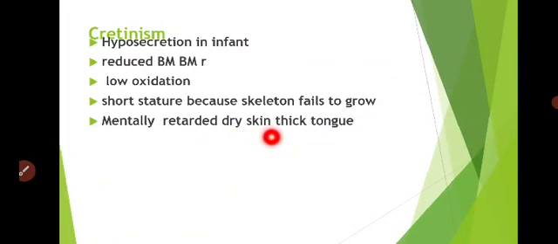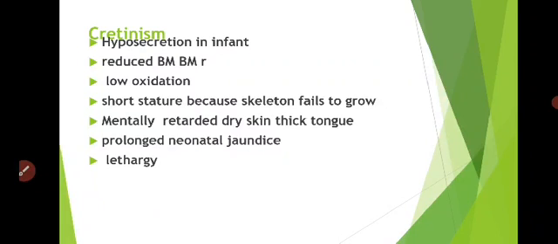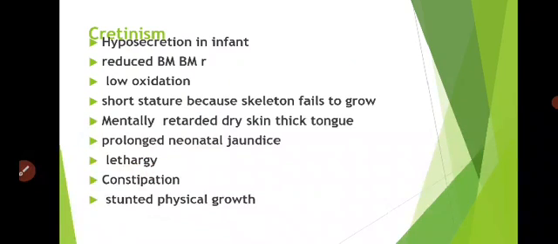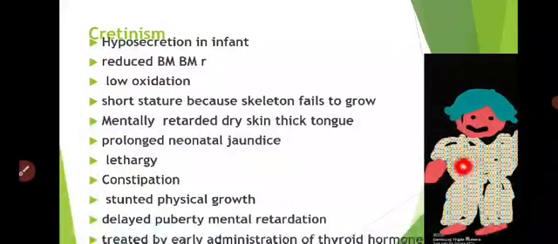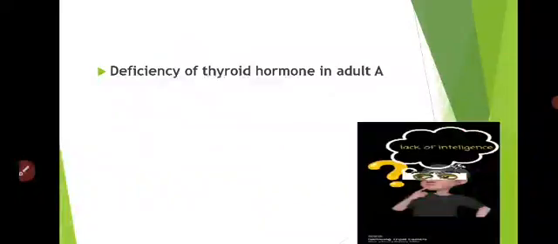Mentally retarded, dry skin, thick tongue, prolonged neonatal jaundice, lethargy, constipation and stunted physical growth, delayed puberty and mental retardation. It is treated by early administration of thyroid hormone. So the person has reduced BMR, short stature, delayed puberty and mental retardation.